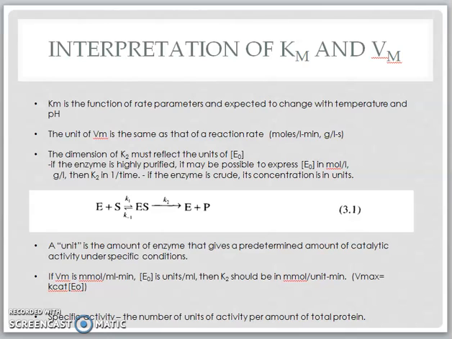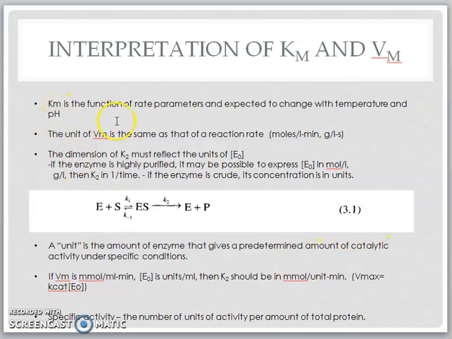Km and Vm are the two most important kinetic parameters in enzyme reaction kinetics. Vm is dependent on the enzyme concentration, right?